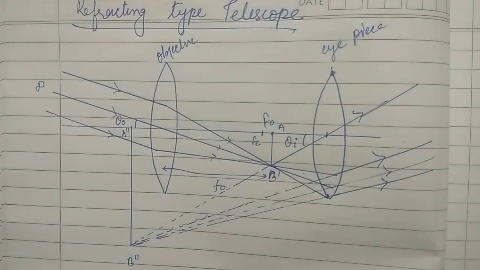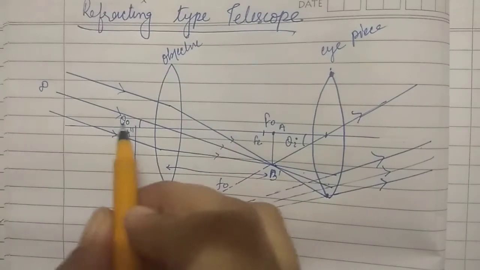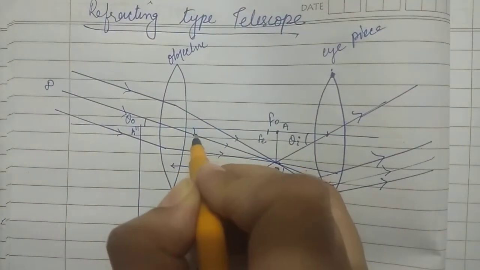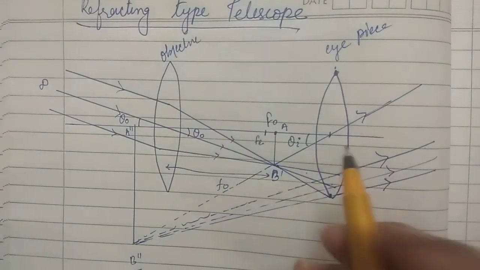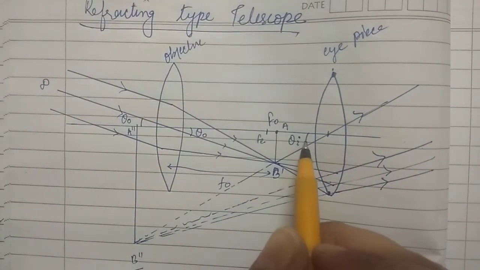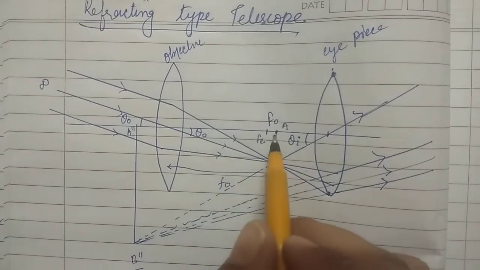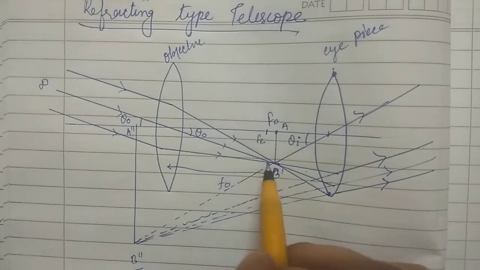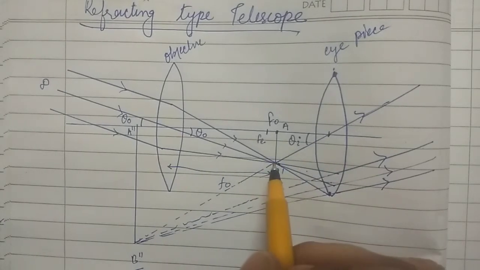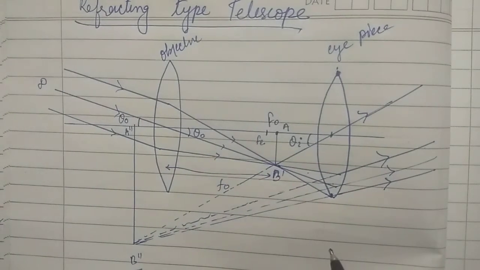So if this angle is theta naught, this would also be theta naught, vertically opposite angles. Now you can see we can use theta I and theta naught here, and this would be the common perpendicular for both these triangles. So it would be convenient to find out the magnification.